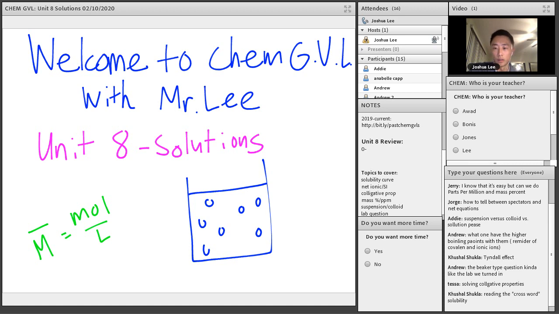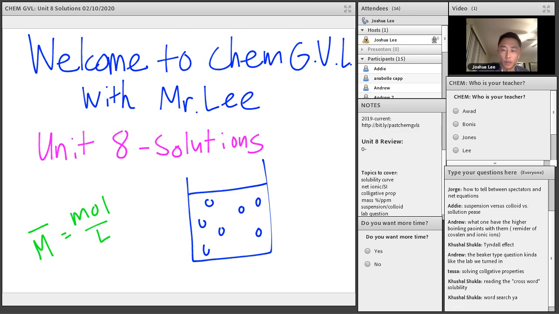Reading the crossword solubility. Crossword. Word search? That's like net ionic. That's all the same. All right.